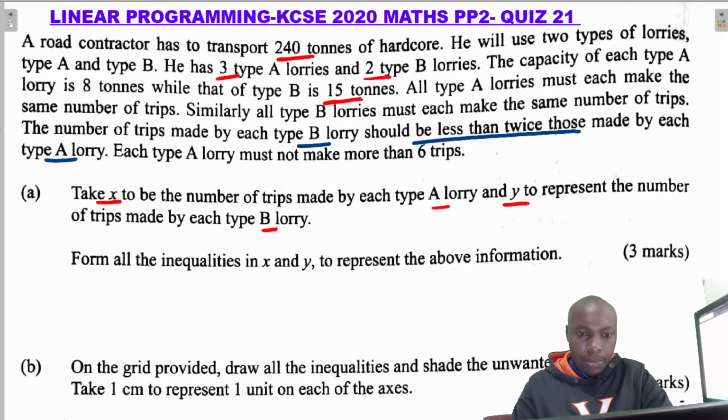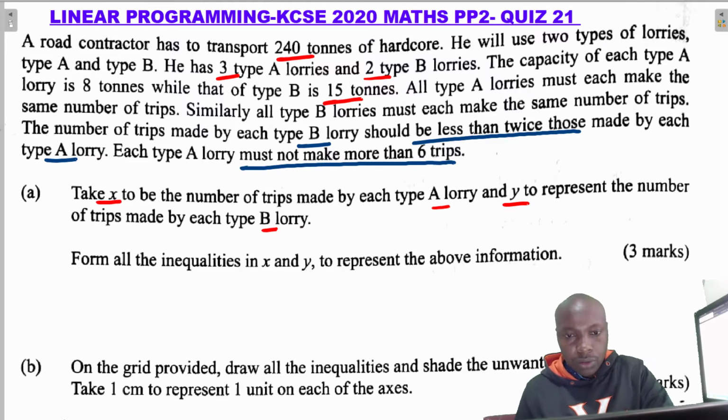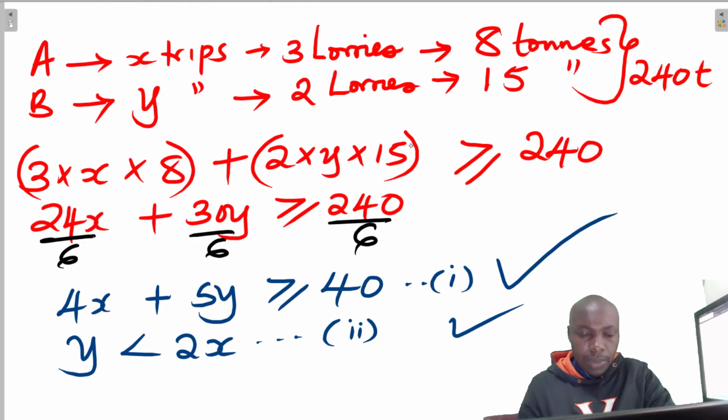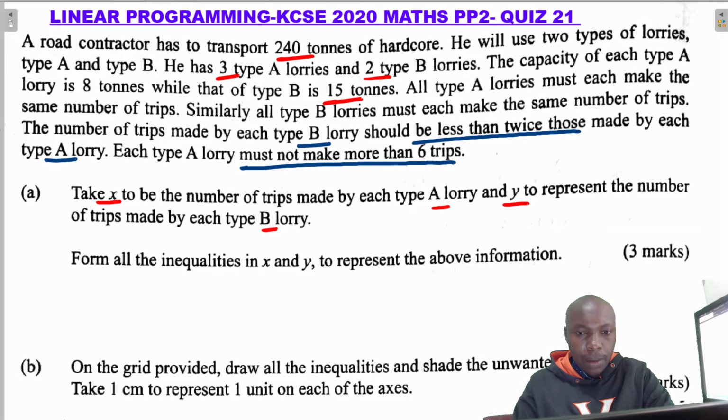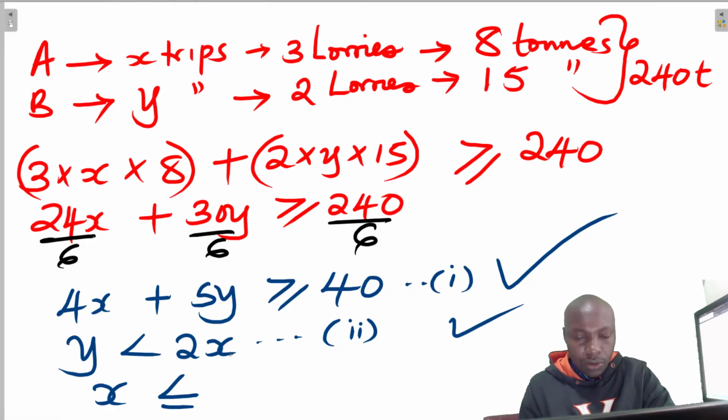The last sentence: each type A lorry must not make more than 6 trips. That means type A lorry should make less than or equal to 6 trips, and since type A lorry makes x trips, x should be less than or equal to 6.